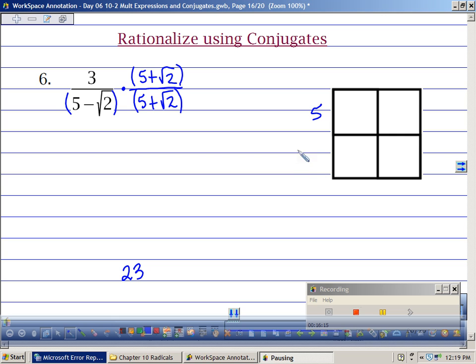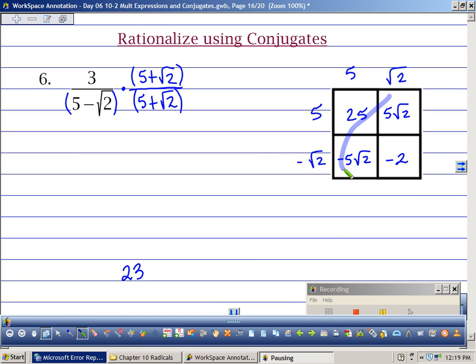5 times, it's 5 minus rad 2, and 5 plus rad 2. 5 times 5 is 25, and 5 times rad 2, 5 rad 2, and negative 2 times 5, negative 5 rad 2, and rad 2 times rad 2 just makes negative 2.